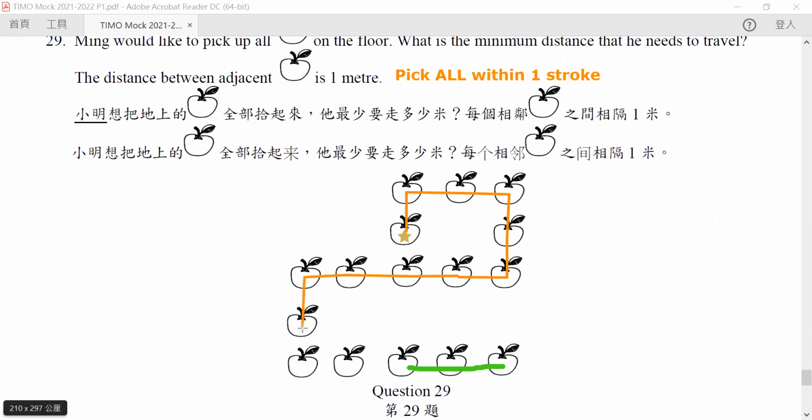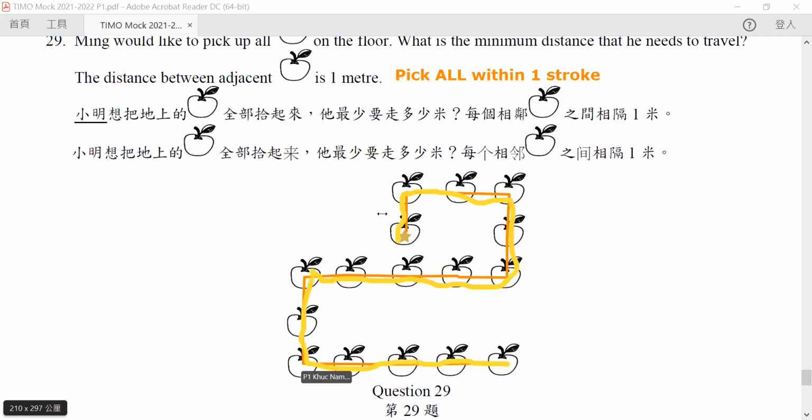Don't worry. So we will keep on packing until our final apple. Okay, now remember, we need to count how many lines are here.